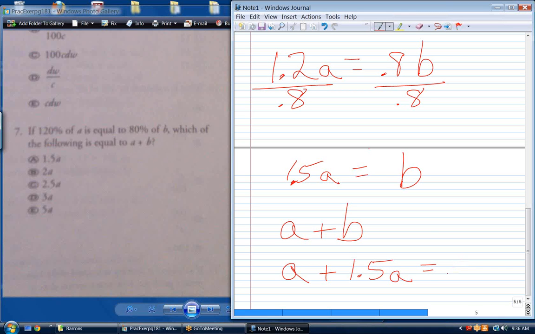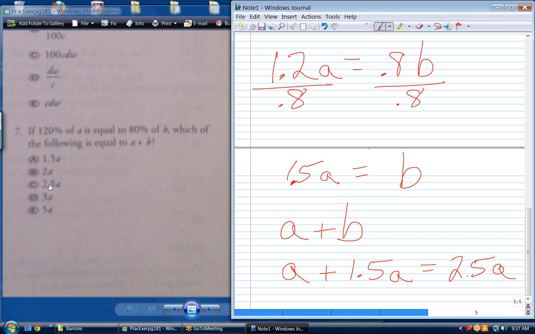Okay, so A plus 1.5A would be 2.5A. And that's the answer, C. So this problem was very definitely more easily done using algebra, but perhaps that's for me only because I do so much algebra once again.